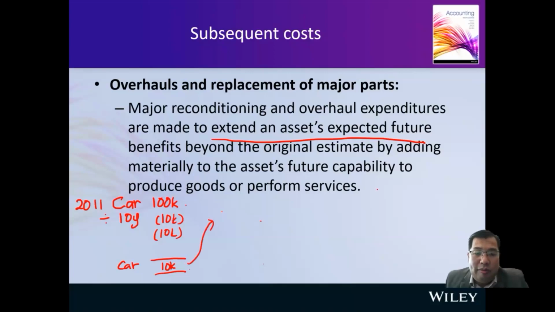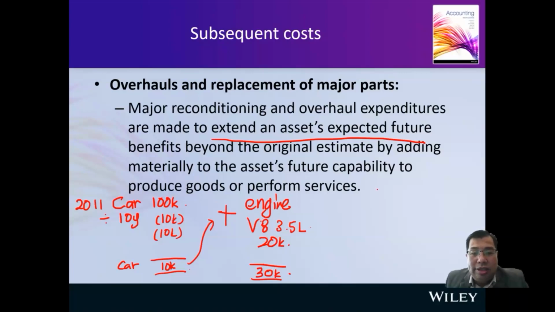You did some improvement, replaced the engine, put in a new V8 engine, 3.5 liter. This costs you 20,000. So the cost is this 20,000 plus 10,000, which gives the new value. The new value in your asset account is 30,000.